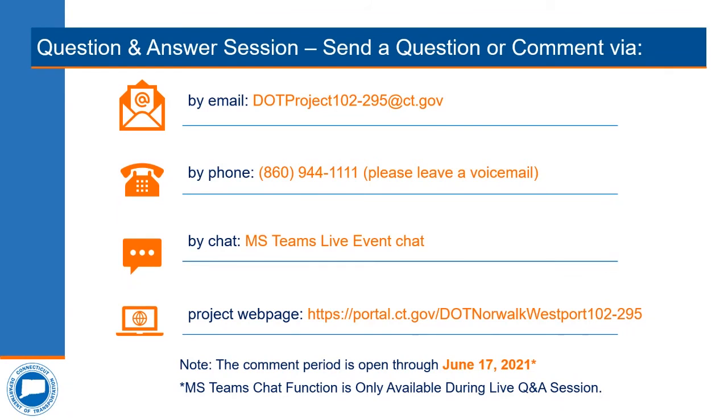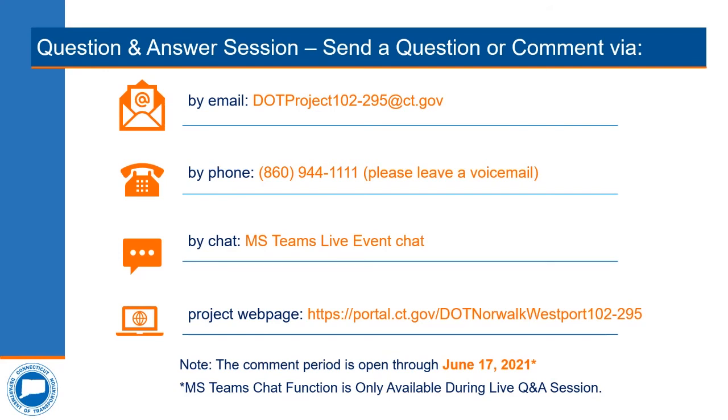We responded to the question about access to the chat and Q&A transcript. If you send us along contact info, we can provide you with a list of questions asked. All the answers are provided verbally, and a recording of the entire meeting will be posted to the web page within a few days. If you don't feel comfortable doing the live chat, go ahead and use the email address, dotproject102295@ct.gov.